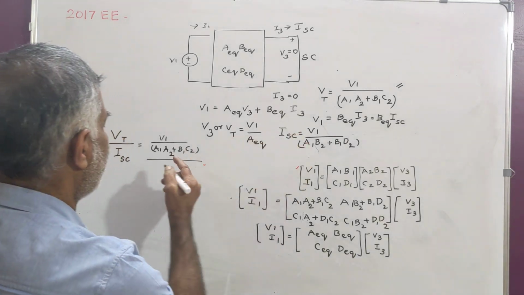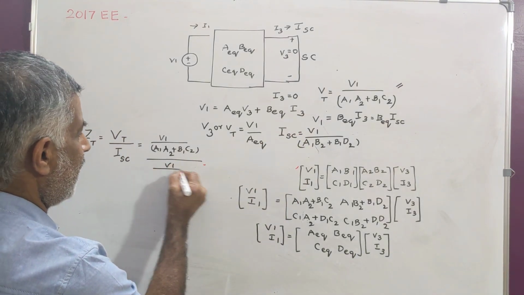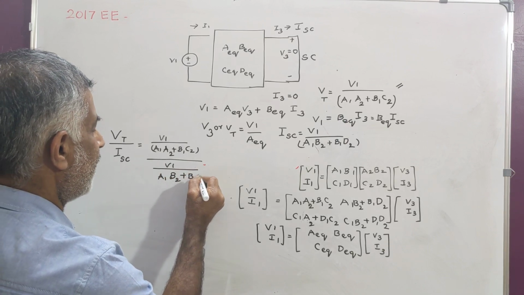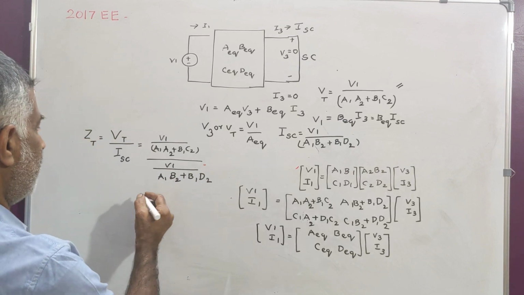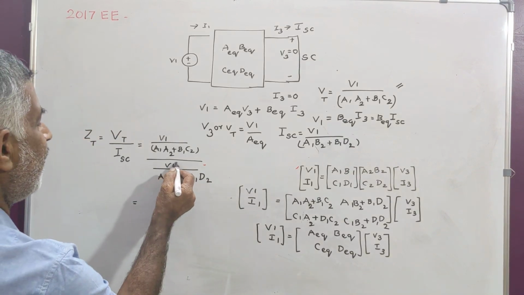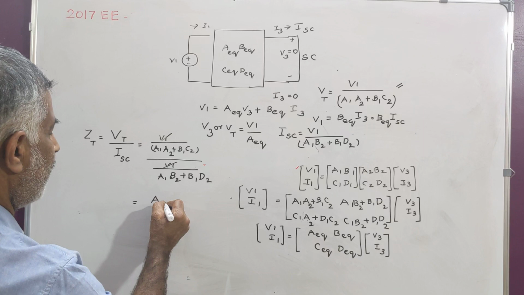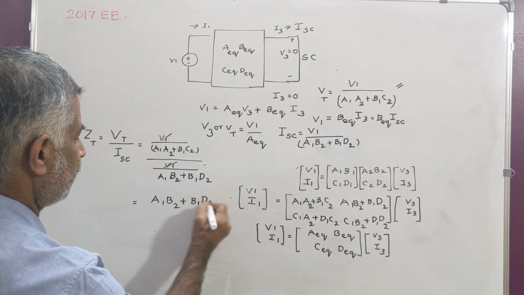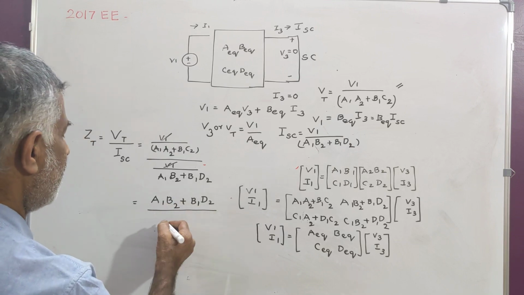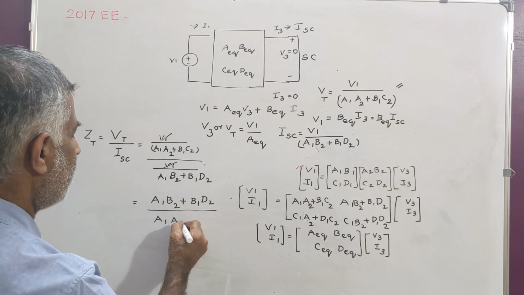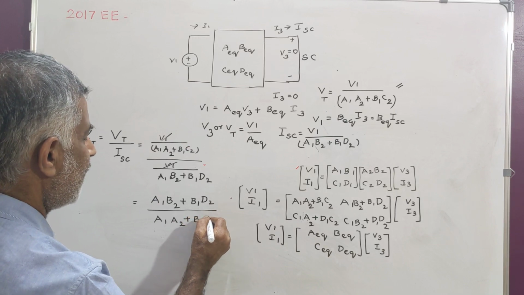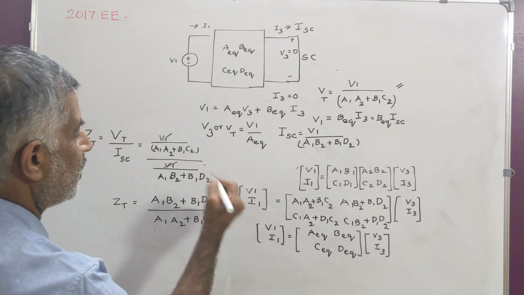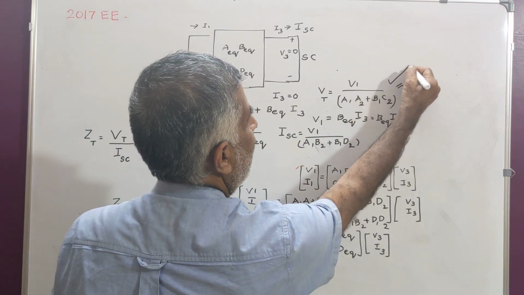I short circuit is V1 by A1 B2 plus B1 D2. Therefore, Z Thevenin is equal to, V1 gets cancelled, A1 B2 plus B1 D2 divided by A1 A2 plus B1 C2. This is called Z Thevenin. Therefore, this is one answer, this is another answer.